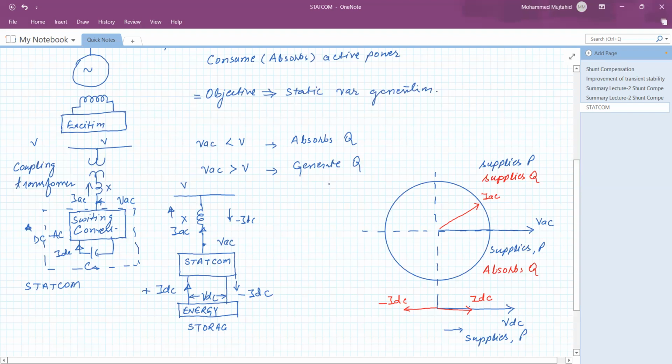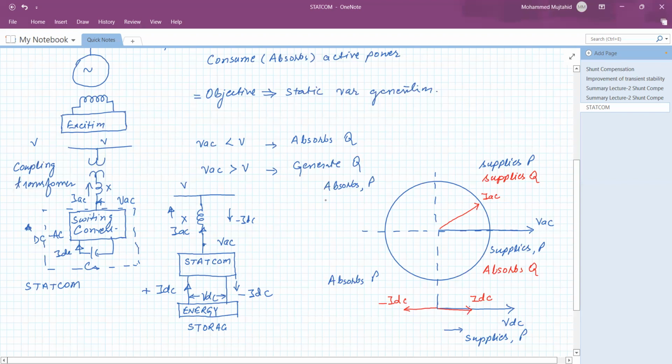So here we can say that it absorbs power P, and here also it absorbs power P. But in this case, the voltage of the Statcom is greater.